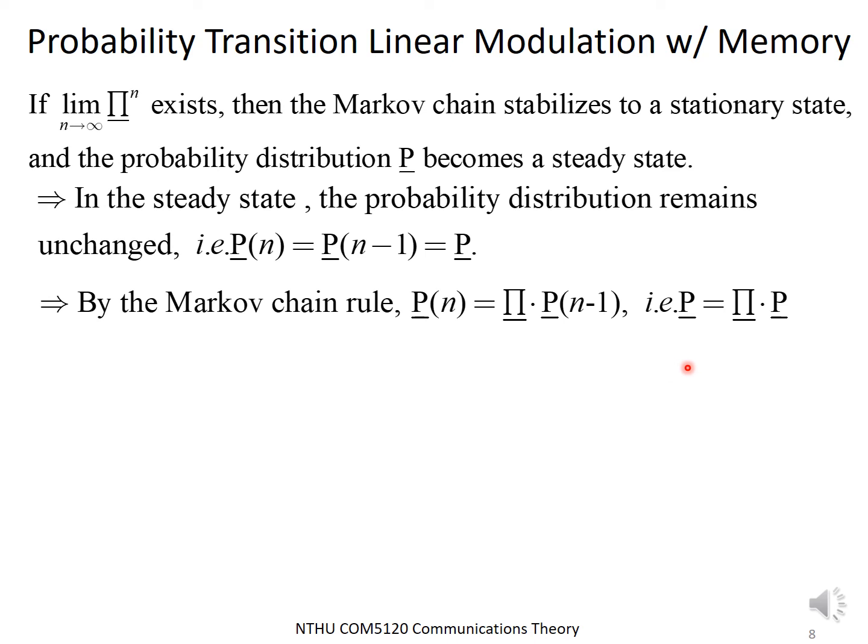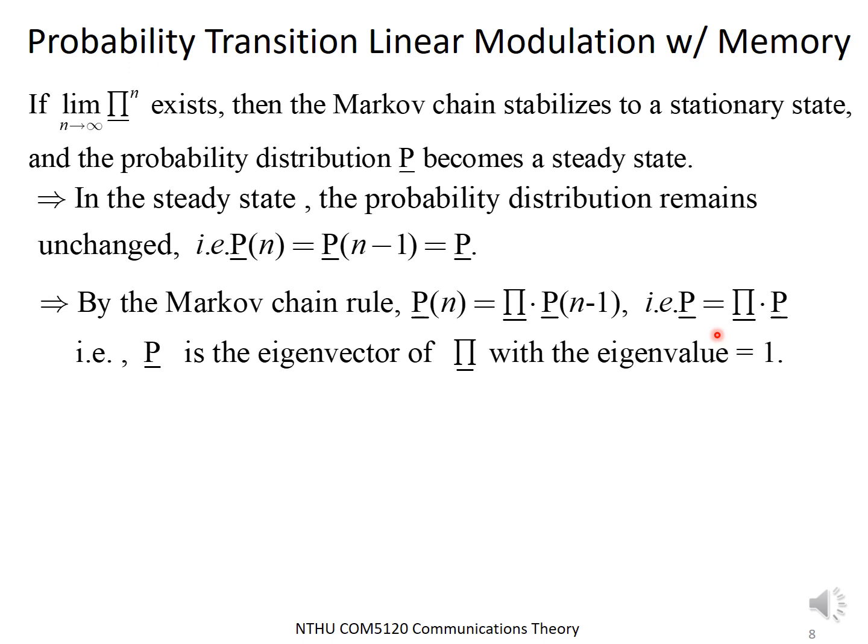Now that means there is a steady state. What does this steady state mean? The vector P is the eigenvector of this matrix pi with eigenvalue of 1.